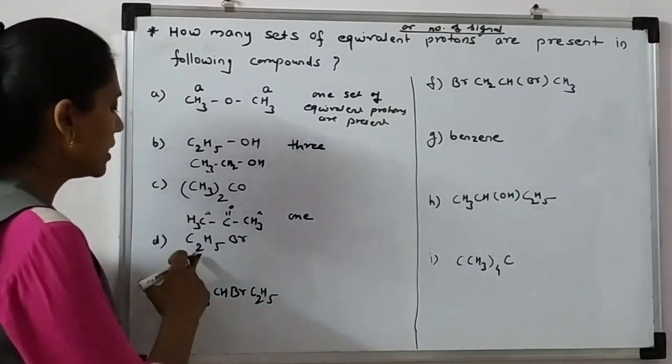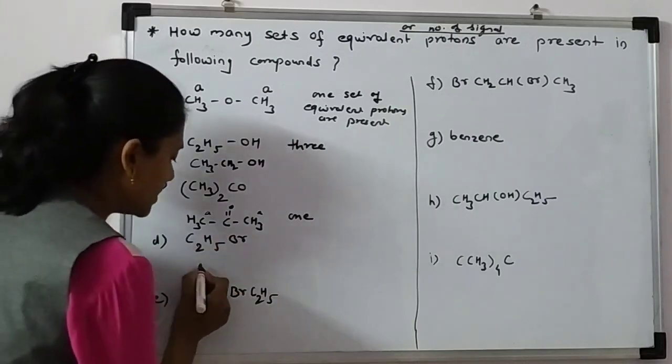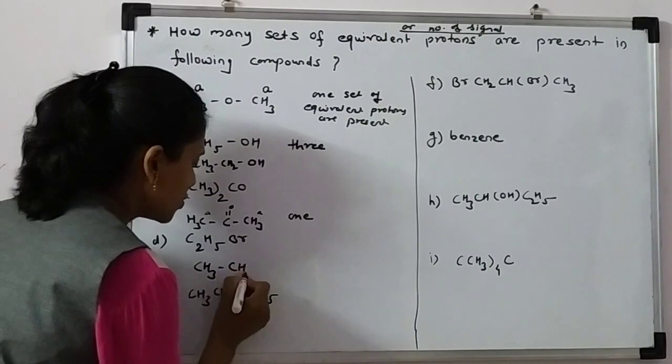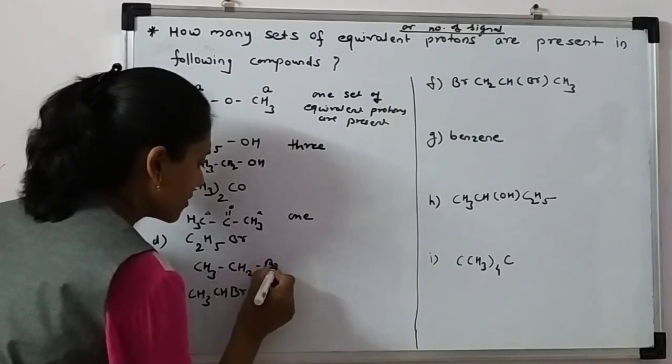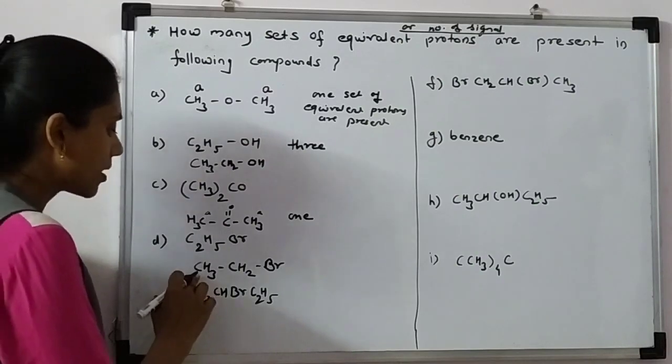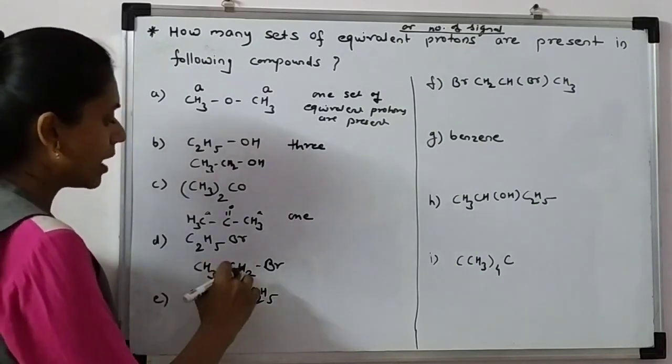In the next one, ethyl bromide, we write it like this, CH3CH2Br. Here there is a methyl group and a methylene group.